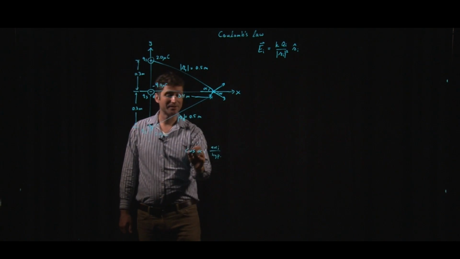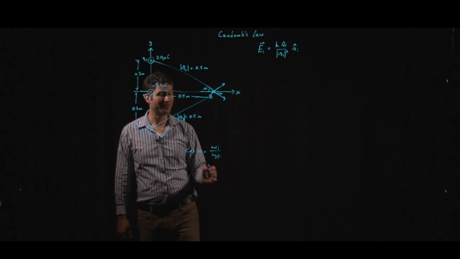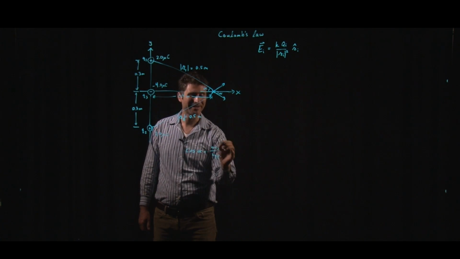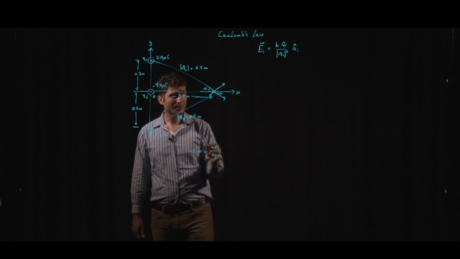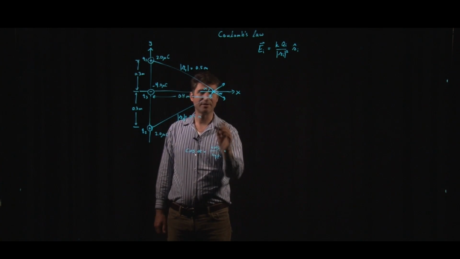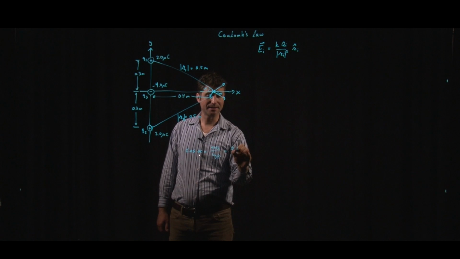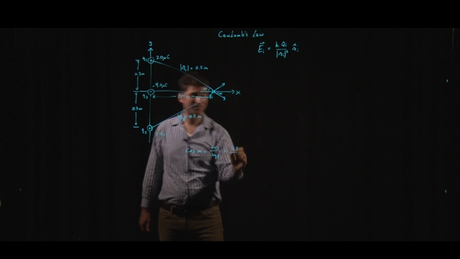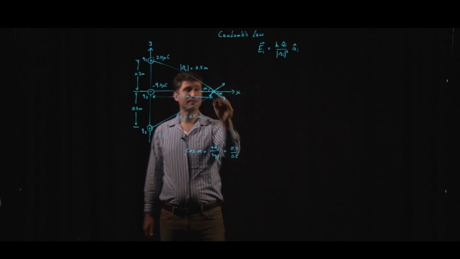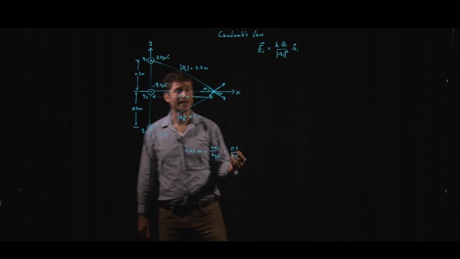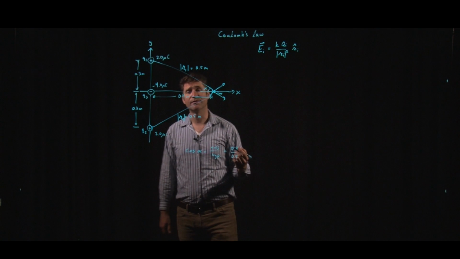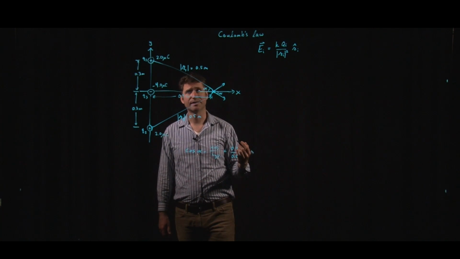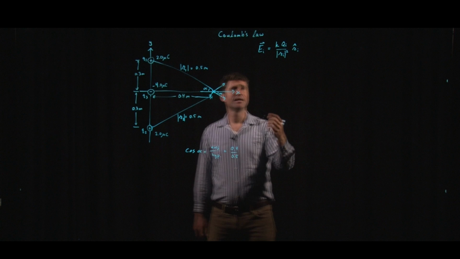There are some mnemonics out there for remembering these things, but I won't go over that right now. So we are going to take the cosine of alpha, which in this case is going to be 0.4, the adjacent, divided by the hypotenuse, which is 0.5. We're going to do that for both of those as we pick out the x-hat component of each of these contributions here.